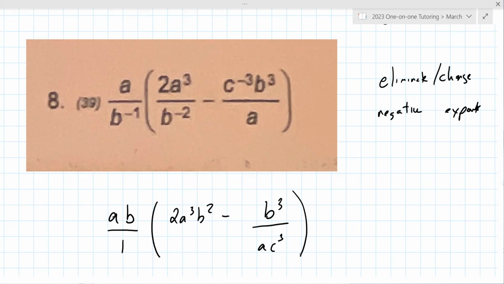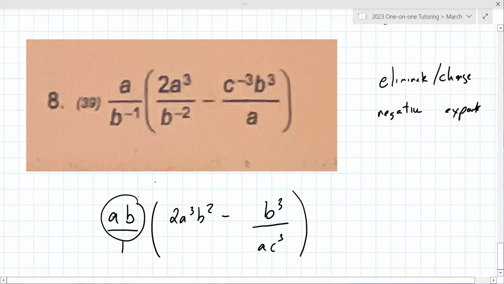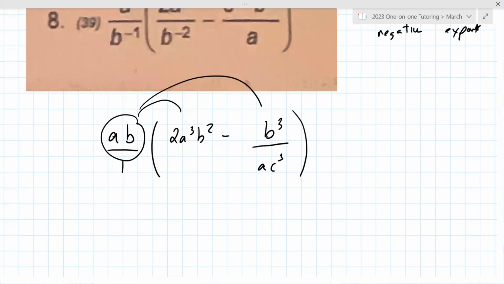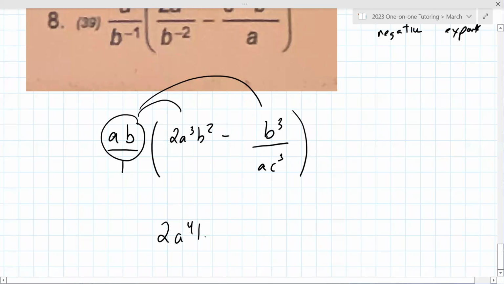Okay. That's good. Now this one's very similar to one we did earlier. You're going to take that ab and multiply it into both. The first one is much similar to the one we just did. The second one, you may want to do in two steps. You may want to multiply the numerator and then decide if you want to cancel or can cancel.